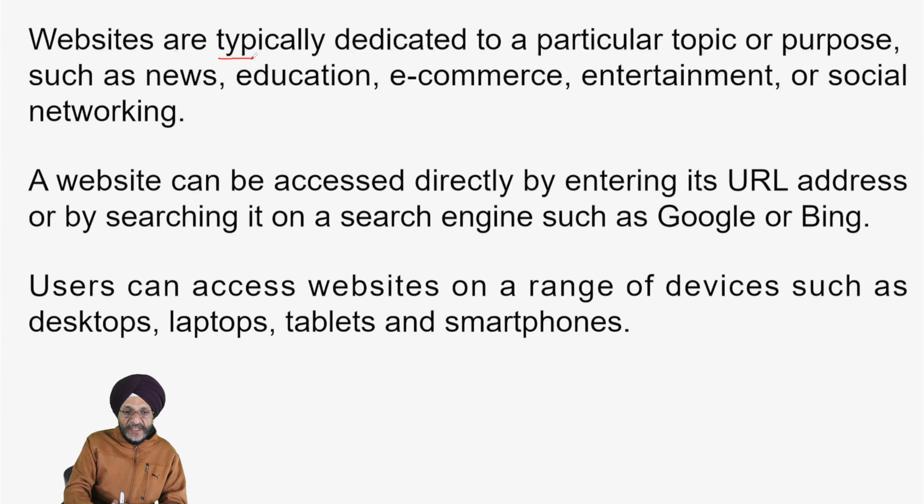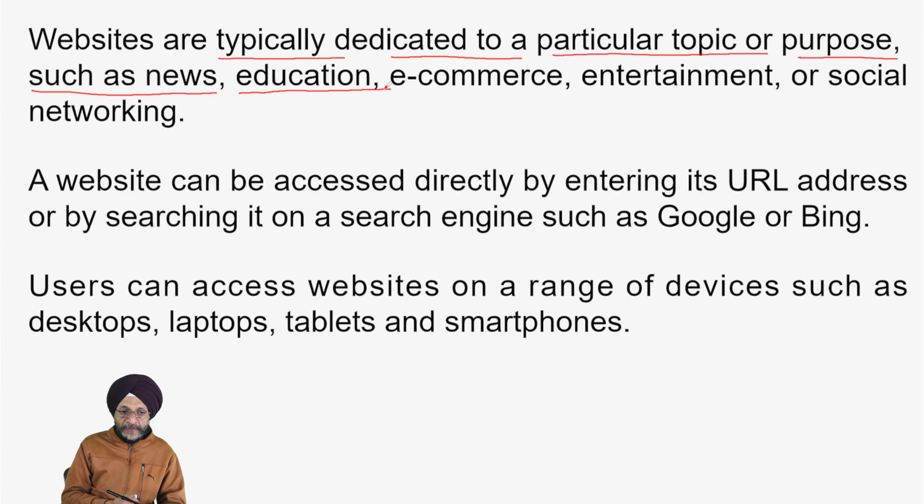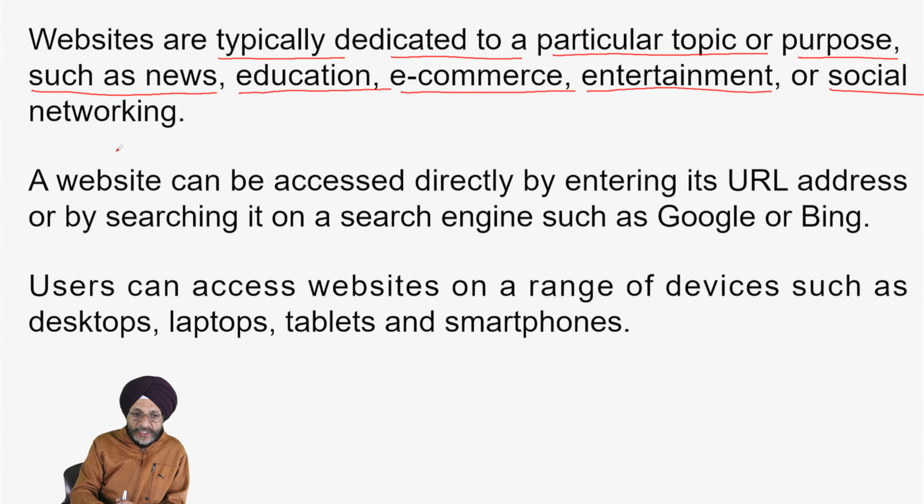Websites are typically dedicated to a particular topic or purpose. Some websites may be related to news only, some may be education oriented. Websites like Amazon and Flipkart are e-commerce websites. There may be some websites which are focused on entertainment and others are social networking websites.